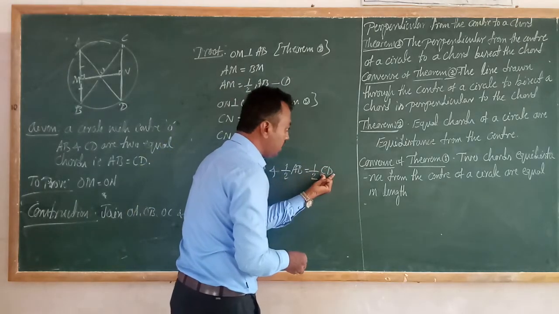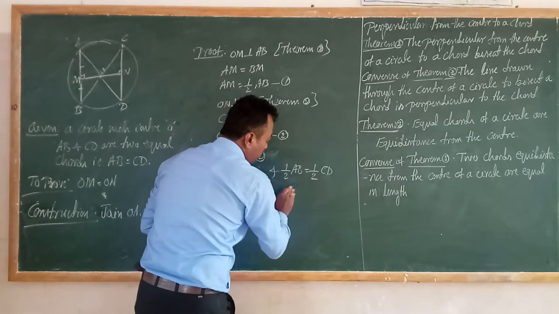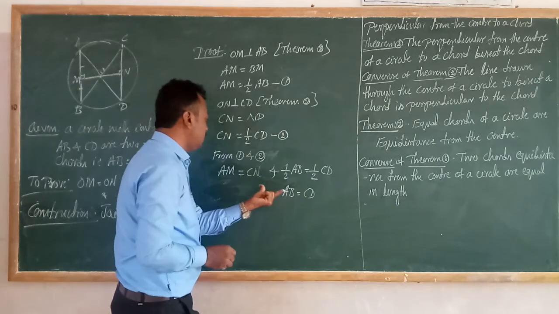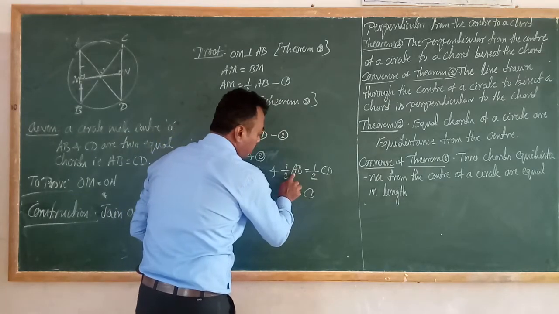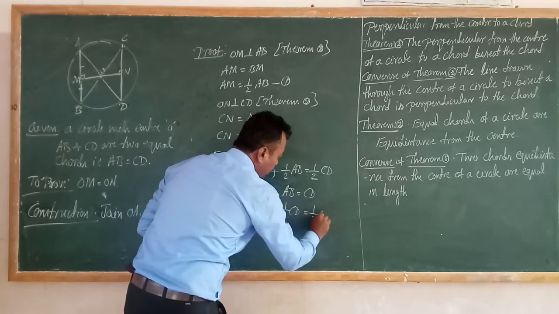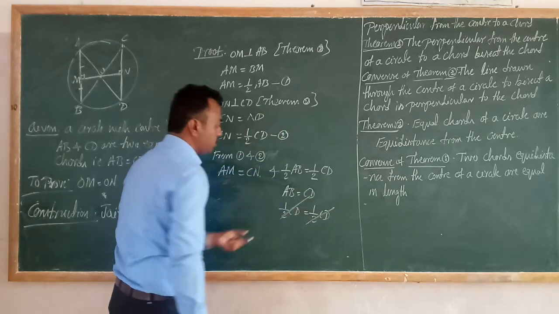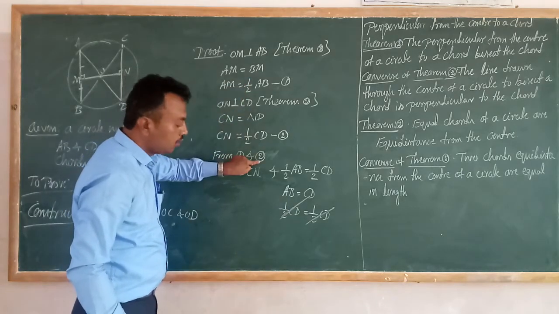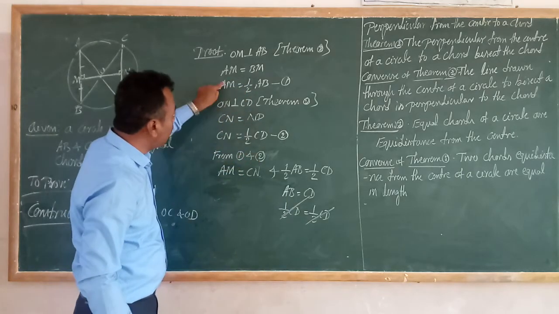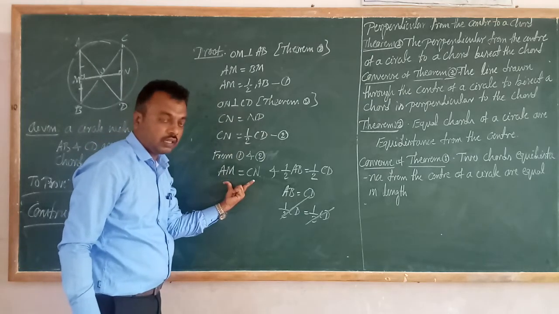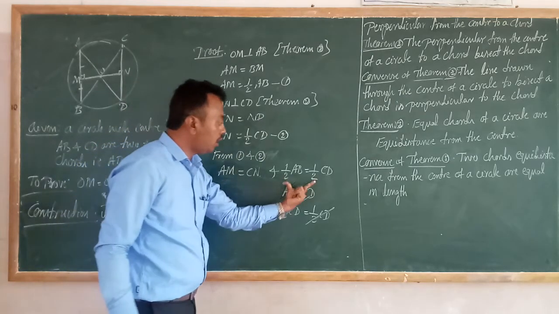AB is equal to CD, no? So instead of AB I will write CD. That's why half into CD is equal to half into CD. Half into CD gets cancelled. So here RHS are equal. When the RHS are equal, automatically LHS is also equal. That's why AM is equal to CN, because RHS are equal.